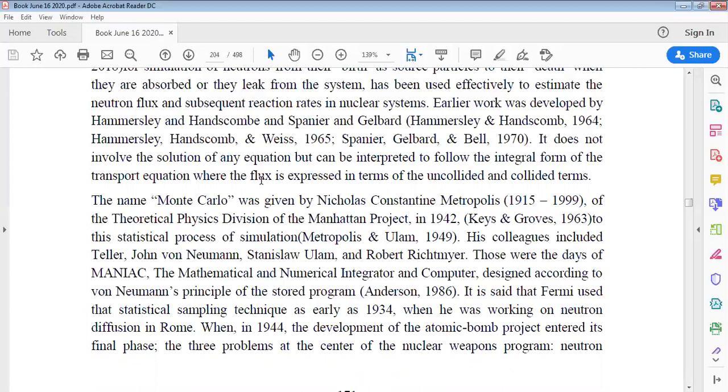And then in terms of the collision density in phase space P, I wrote it as a direct contribution plus an indirect contribution. So I would like you to think of it in terms of the collision density form, that χ(P) is S(P) plus χ(P') integrated over dP' multiplied by the scattering kernel K coming from P' to P and integrated over all P'. So that's the best picture that I can think of.